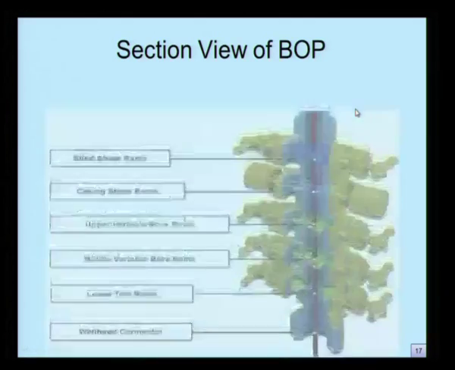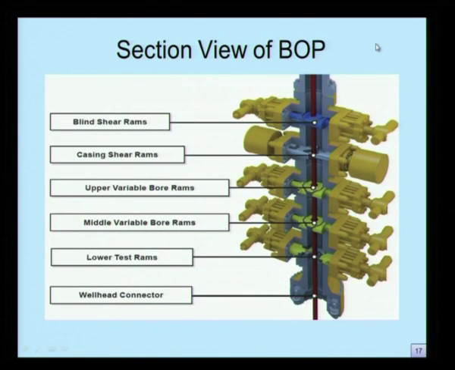To understand the FMEA thoroughly as applied on a BOP, let us first look at the different components of a blowout preventer. The blowout preventer typically has many critical components. The first one from the bottom, this is your operation on the top side, this is your bottom end. The wellhead connector is located at the bottom.